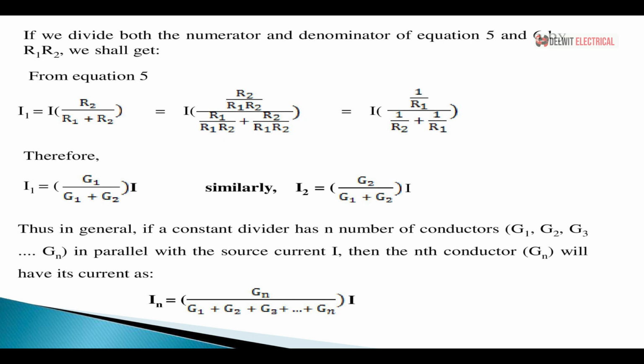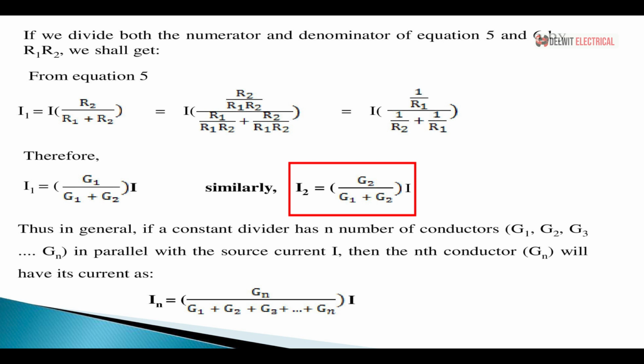When we simplify that, we have 1 over R1 over 1 over R1 plus 1 over R2. Therefore, I1 is equal to G1 over G1 plus G2 in bracket I. Then I2 similarly will be equal to G2 over G1 plus G2 times I.